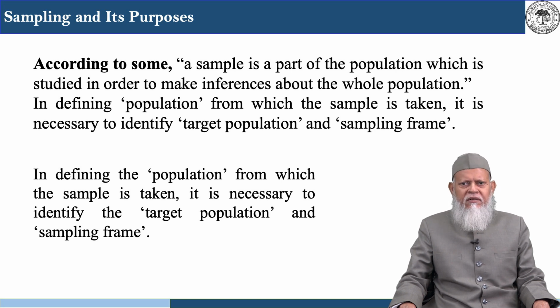But of course, in cases where the population is finite but small, it is recommended that we should go for a census study, that is, studying each and every member of the population, seeking the opinion of all the members of the population, like we did in the case of studying the satisfaction level of students from teaching at a particular department where the total enrollment is only 150.